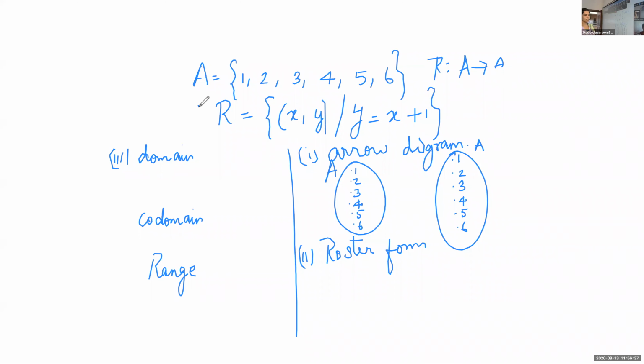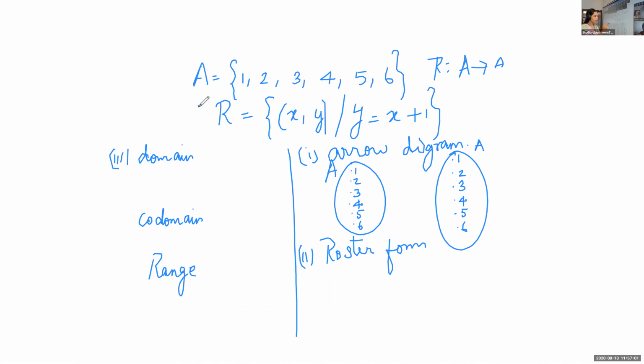Which elements will you join here? What is the relation given here? (x, y) such that y equals x plus 1. The second element is 1 more than the first element.